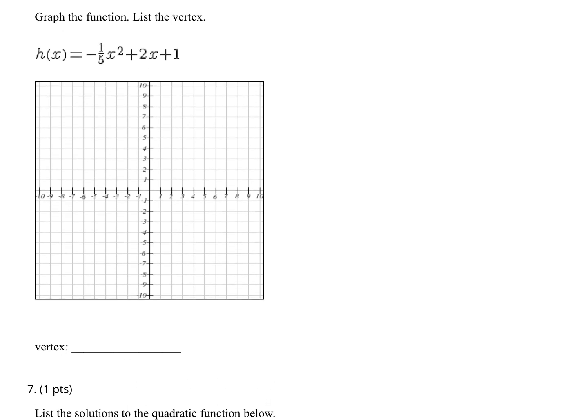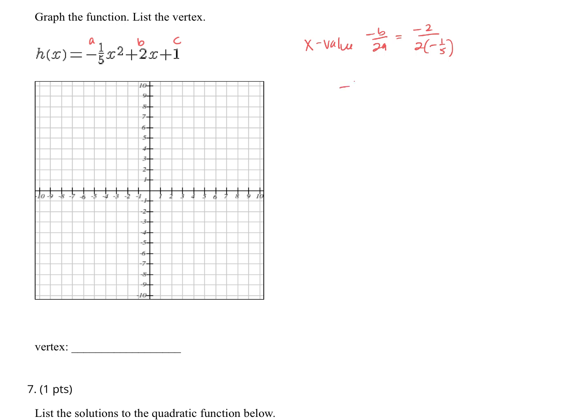Okay, so we're going to first find the vertex in order to graph it. So remember the x value of the vertex is negative b over 2a. So a is negative 1/5, b is 2, and c is 1. So this will be negative 2 over 2 times a.